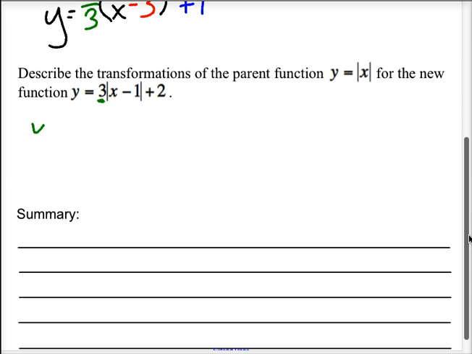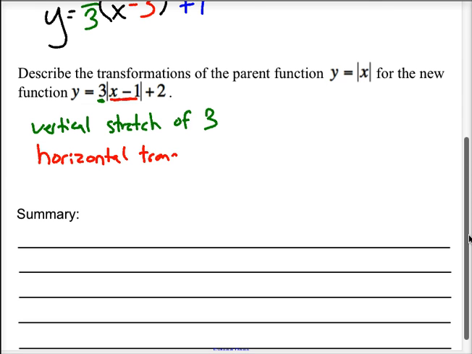Well, that 3 is a vertical stretch. It's multiplying my function. So vertical stretch of 3. What's the next thing that you notice? Well, I see my x being shifted. When x is shifting, that's a horizontal translation.